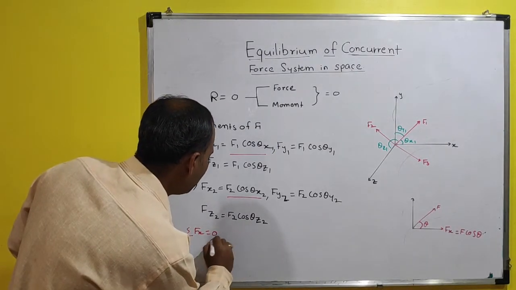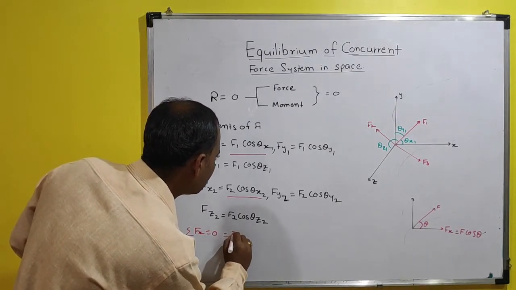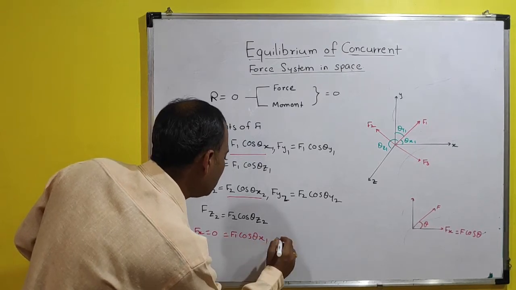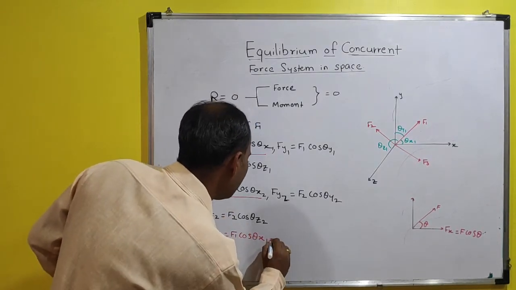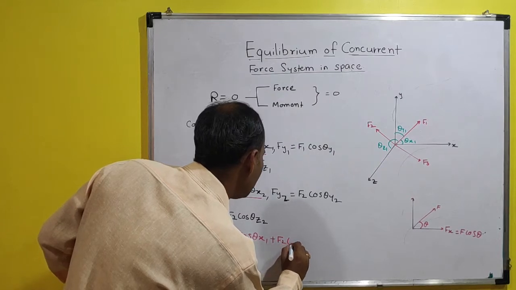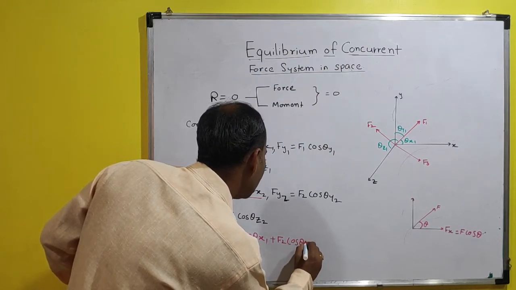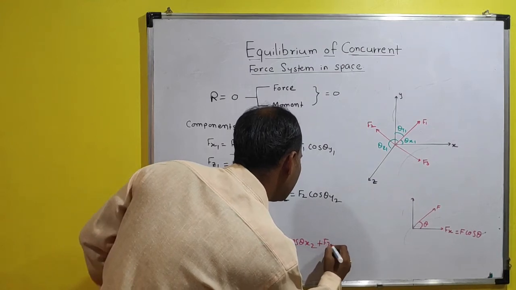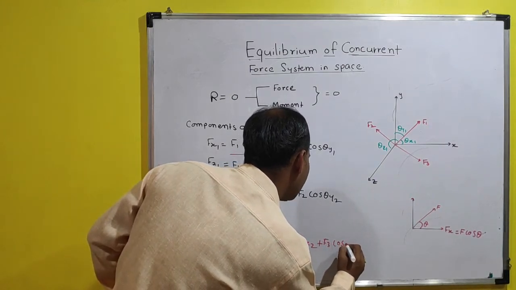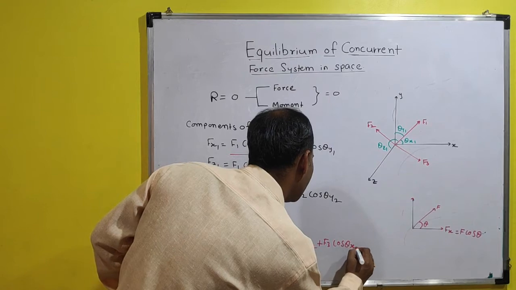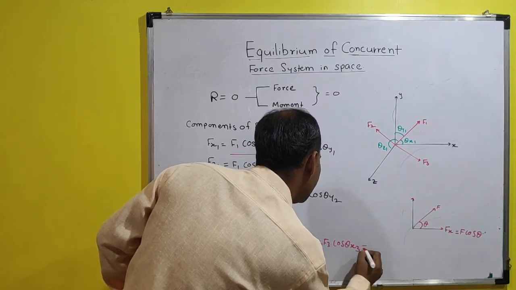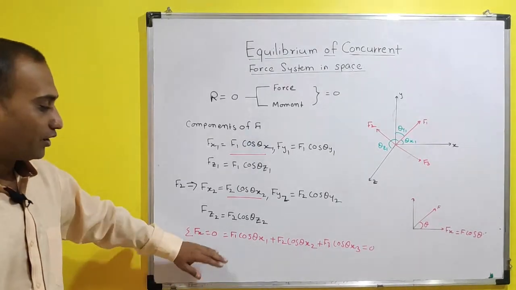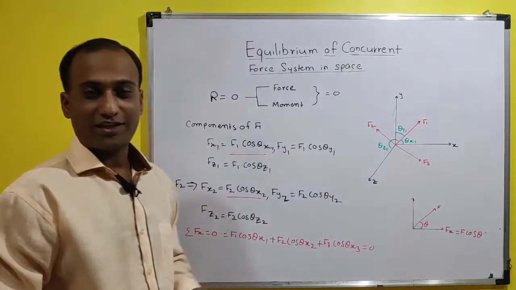So this should be equal to F1 cos theta x1 plus F2 cos theta x2 plus F3 cos theta x3 is equal to 0. So this will be our first equation for all the components in the x direction.